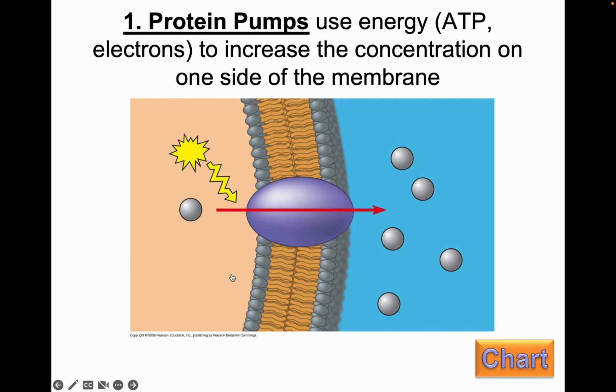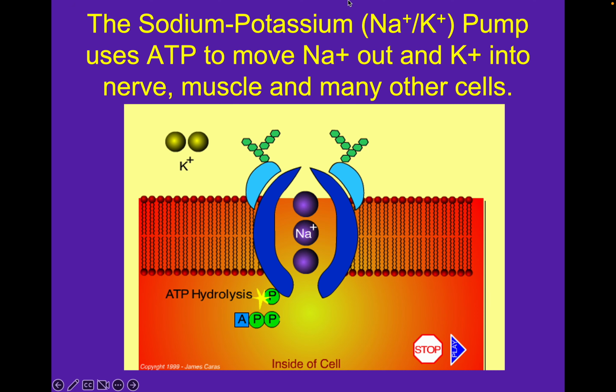So here in the active transport, we have protein pumps. It uses energy to increase the concentration on the other side of the membrane. We also have this example, the sodium-potassium pump, an example of protein pumps.